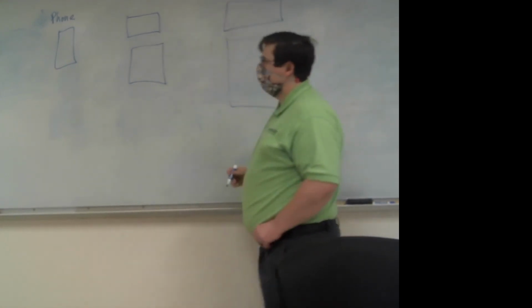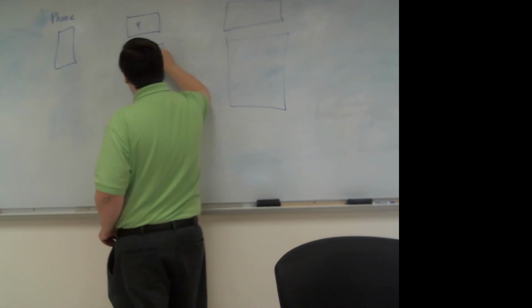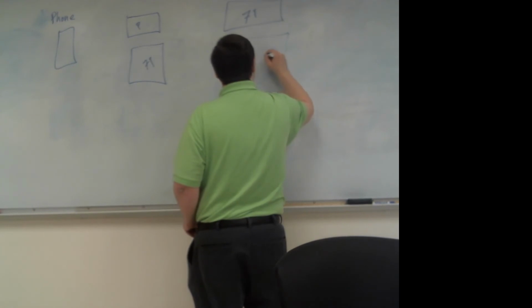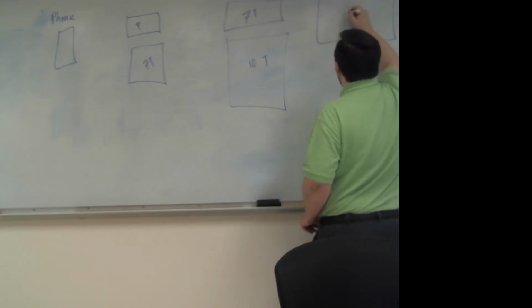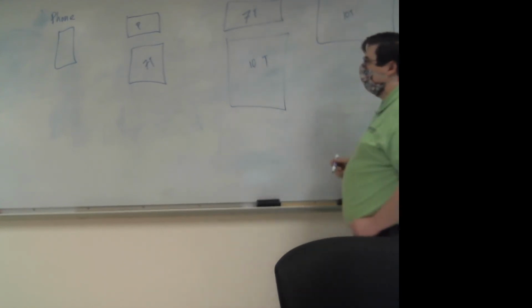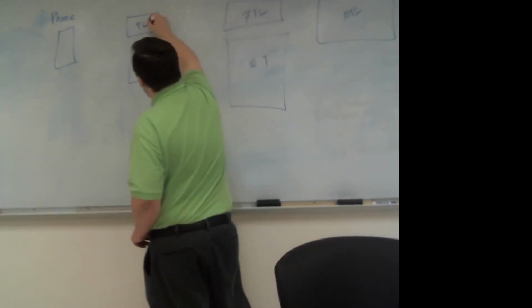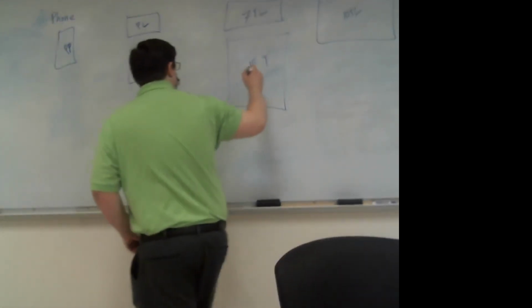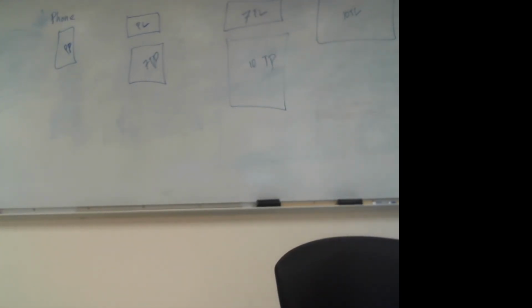So here we've got phone, 7-inch tablet, 10-inch tablet, and then I have a wider one here as well, which is the 10-inch tablet in landscape. So landscape, landscape, landscape, portrait, portrait, portrait, right? So I can bucket that into 4 buckets instead of 6 buckets.